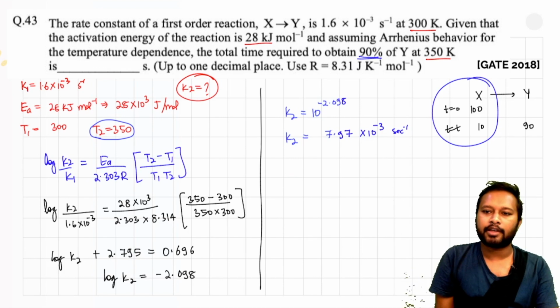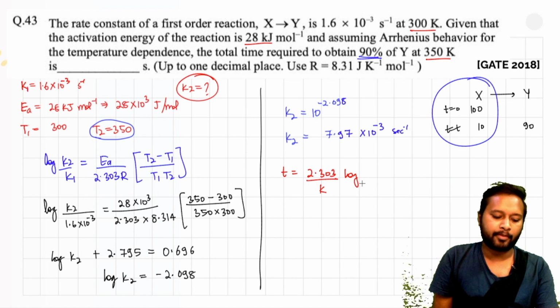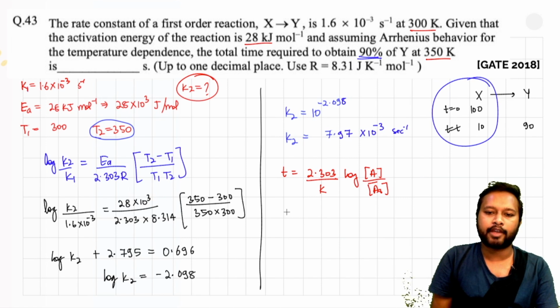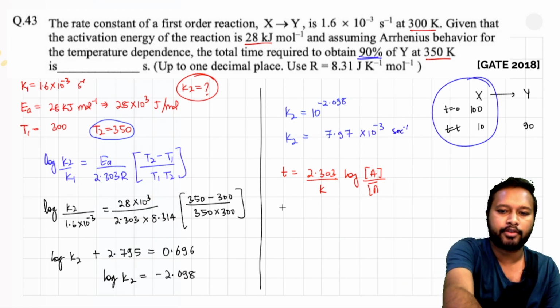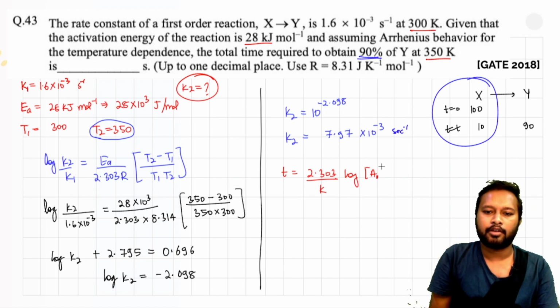So basically the next part of the calculation is based upon the time required. Time will be calculated as t equals 2.303 upon k, and you have log initial concentration upon final concentration, so a upon a naught. Sorry, a naught upon a it should be, right? So it is log a naught upon a.